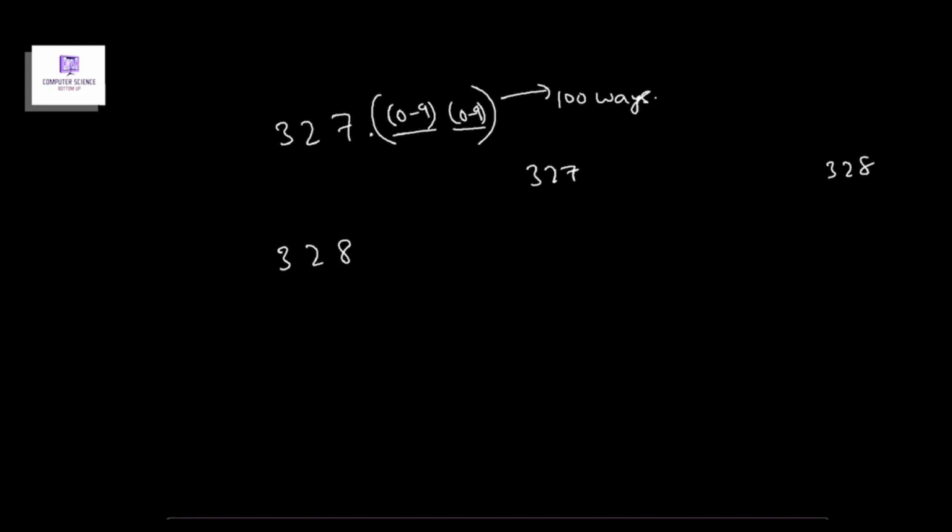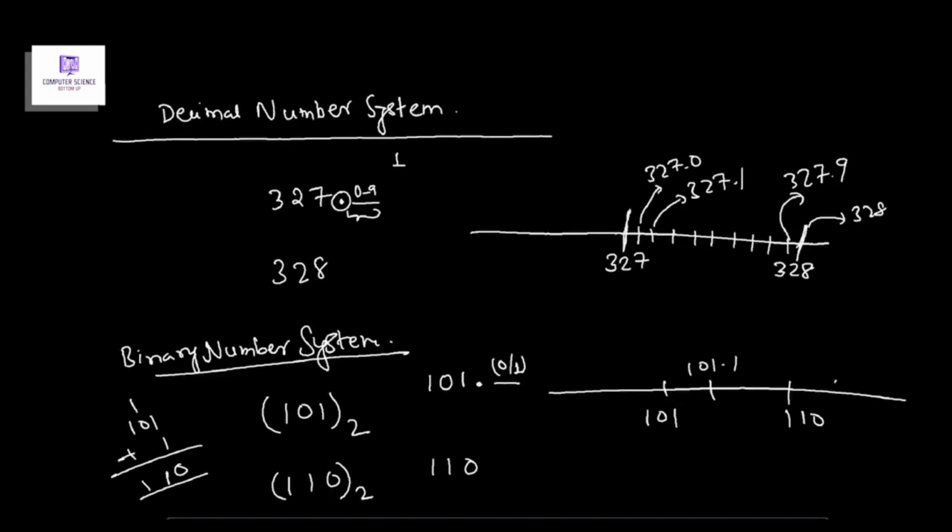I did something wrong here in the last video. This is not 327.0, this is 327.1. This is dot 1, this is dot 2. 327.8, 327.7, this will be dot 6, dot 5, dot 4, dot 3, dot 2.